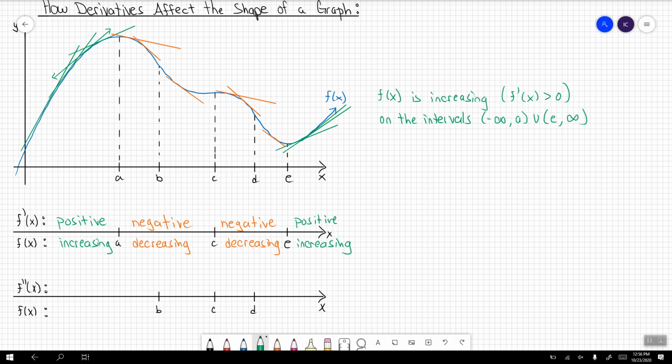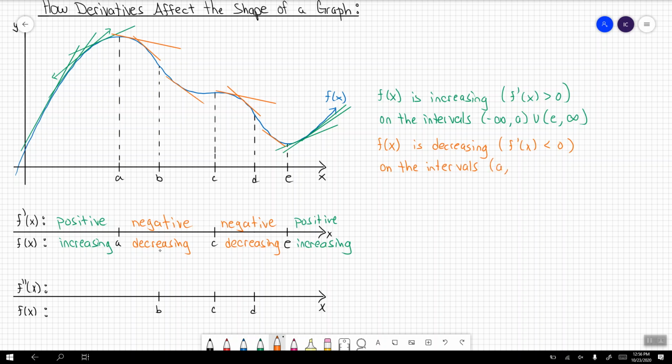Now we want to see decreasing. Okay, so now we want to see where f of x is decreasing, meaning that the derivative of the function is going to be less than 0 on the intervals from a to c.